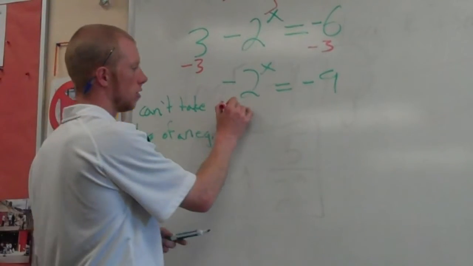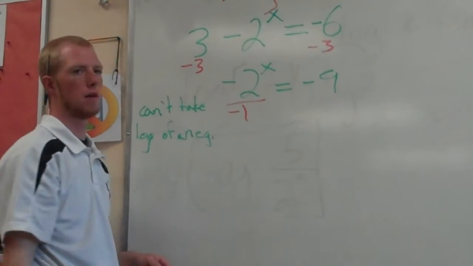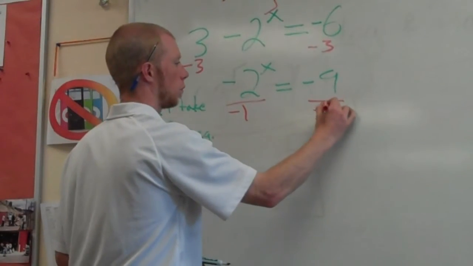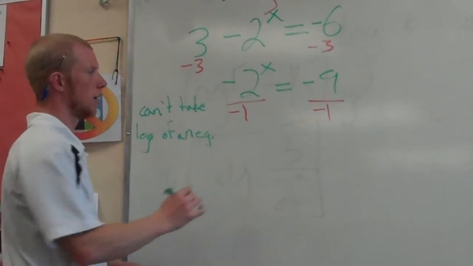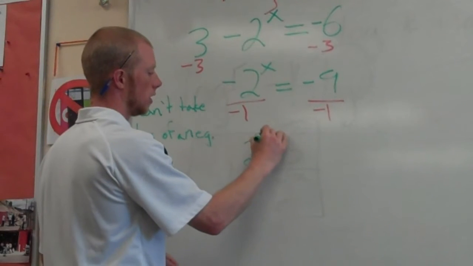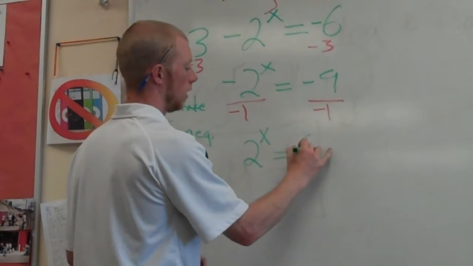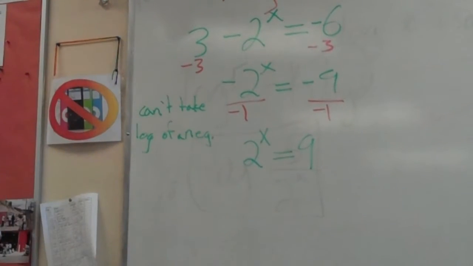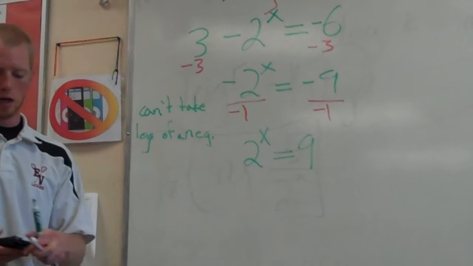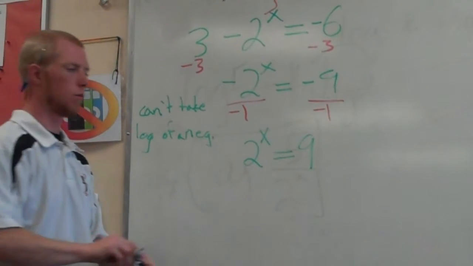So my next step actually is going to be to divide by negative 1. What this is going to give me is 2 to the x equals positive 9. This is something we've seen before. It is in exponential form.